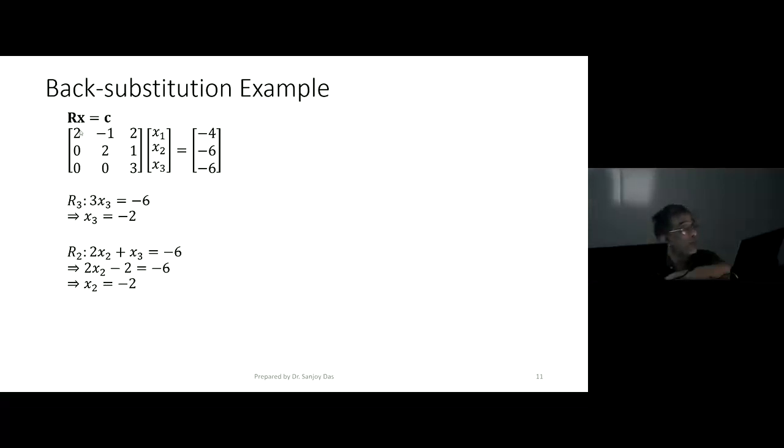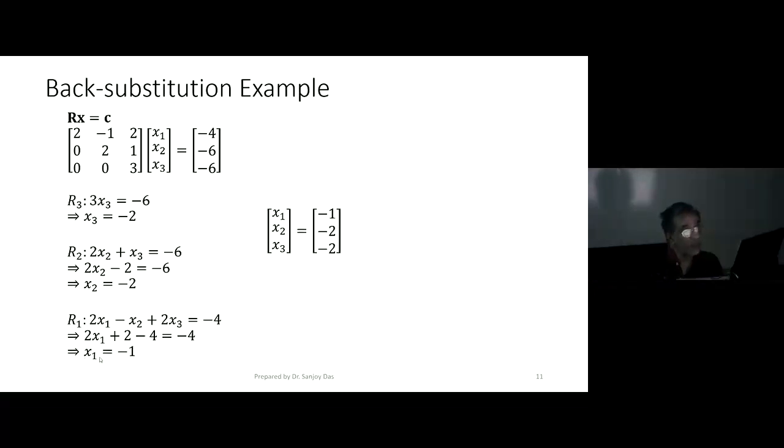Now move upwards to the first row. We get twice x1 minus x2 plus twice x3 equals negative 4. And then we know the values of x2 and x3, so replace those values here. We get this, whence x1 is negative 1. So this is our solution using back substitution.